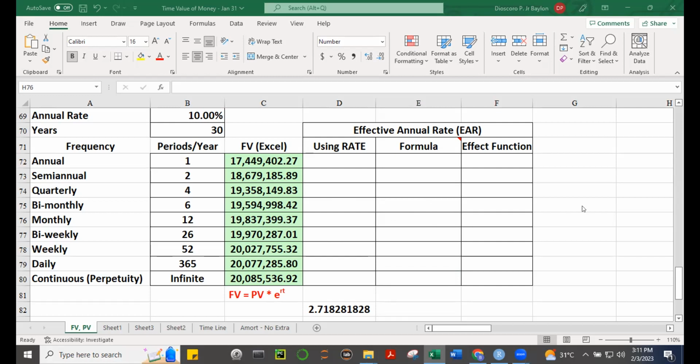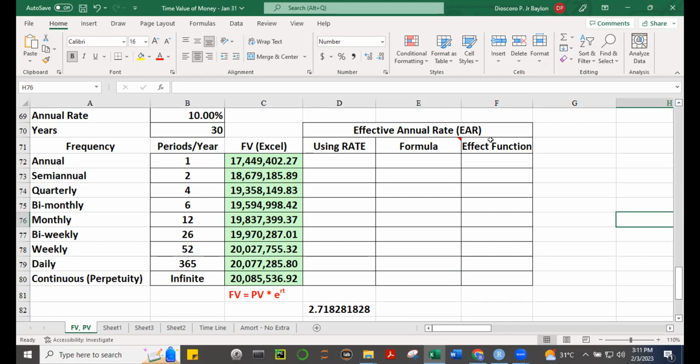Therefore, since they have different future values, we can say that effectively, those with more compounding per year will have a higher effective annual return or EAR.